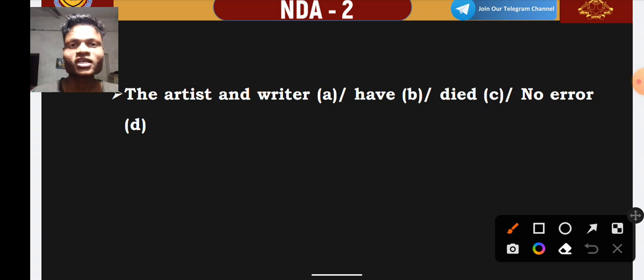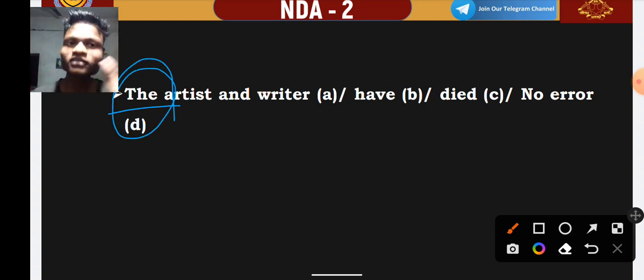So let me describe it. The artist, the article is used before a single subject, that is the, and writer. What does it mean? It means the artist who is also a writer, or the writer who is also an artist.